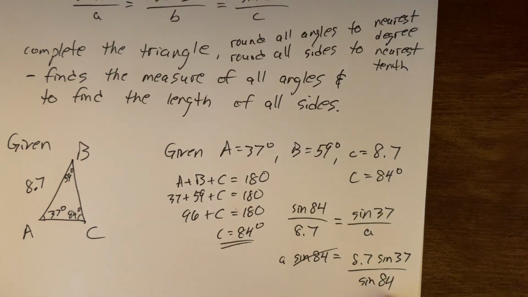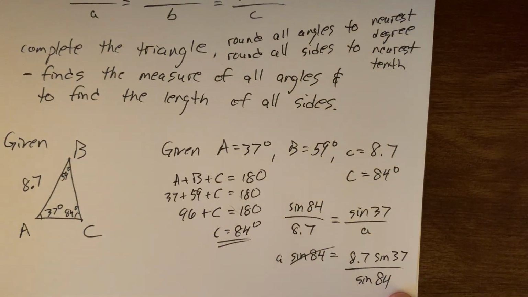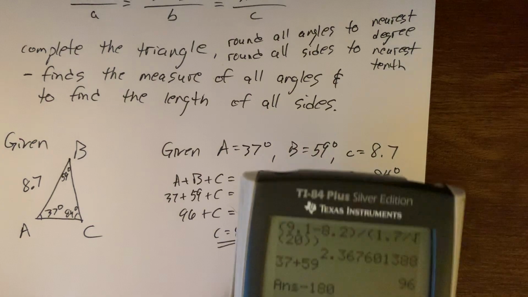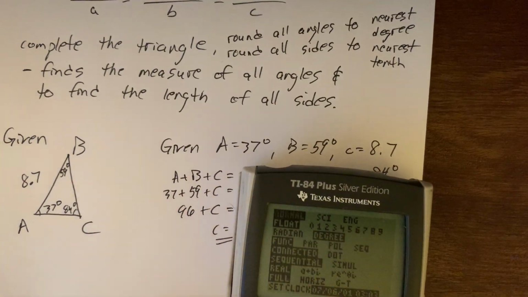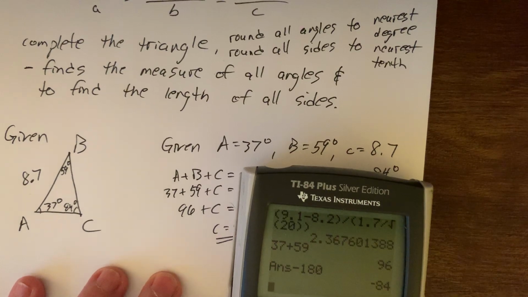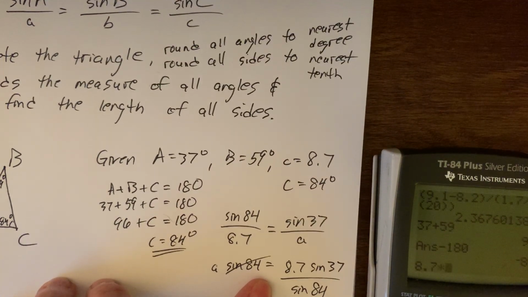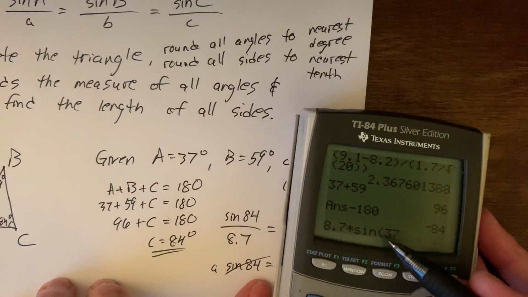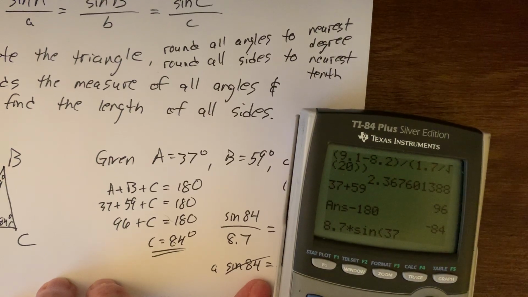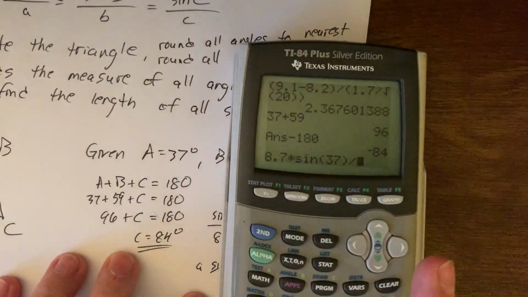And this, I'll do all of this at once on my calculator. Again, make sure you're in the right mode. So just quickly checking your mode, I'm already in degree mode. So now I could just jump right in: 8.7 times sine 37. My calculator, like many of yours, opens a parenthesis when you input a trig function, so I've got to close that, divided by the sine of 84.